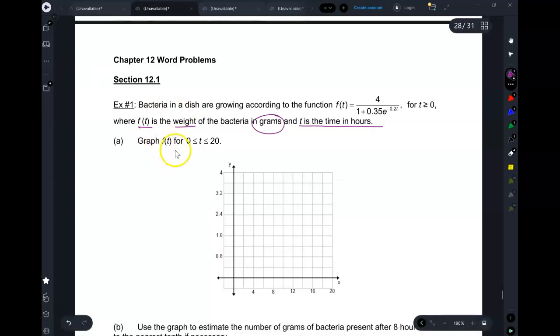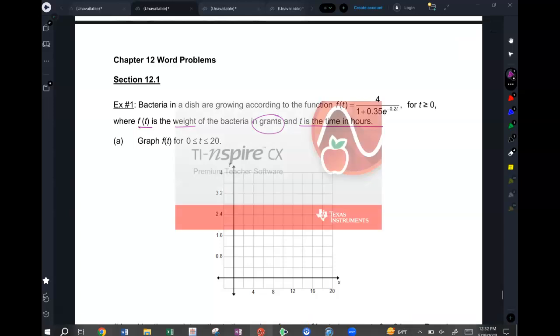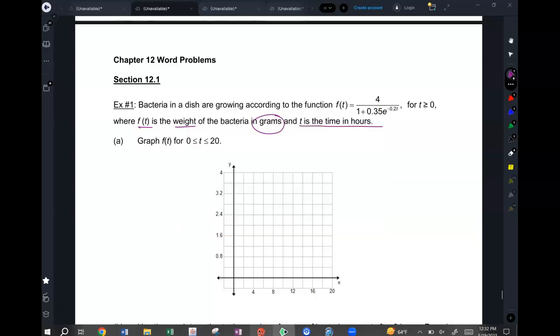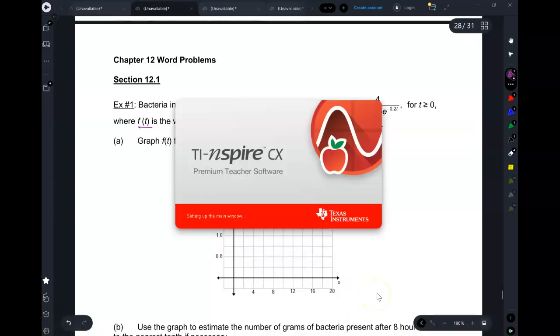First it says graph f of t for 0 to 20. I do want to spend a little bit of time on the calculator skills. Go ahead and take out your calculators, please, and turn them on. When it says to graph f of t on a given interval, go to Menu, Window/Zoom, Window Settings, and change X min and max to go from 0 to 20.